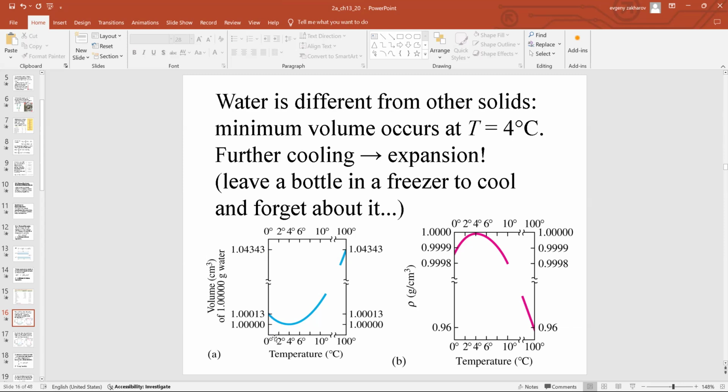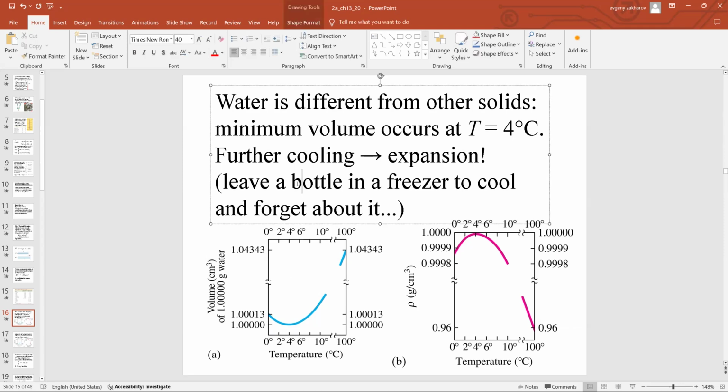Okay, and I'm pretty sure you've noticed that if you ever left a bottle in the freezer to cool down and you forget about it, that bottle is going to explode because there will be an increase in volume, an extra stress put on the bottle, and the bottle just explodes.